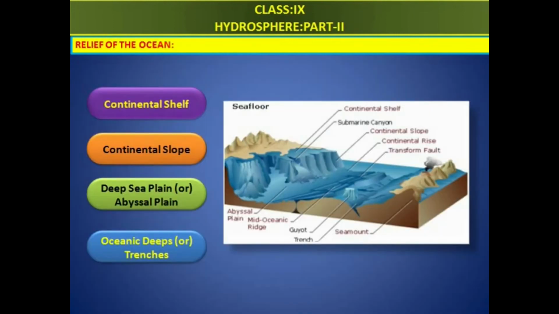Now let us understand about relief of the ocean in detail. The ocean floor can be divided into 4 parts. They are continental shelf, continental slope, deep sea plain or abyssal plain, and oceanic deeps or trenches.